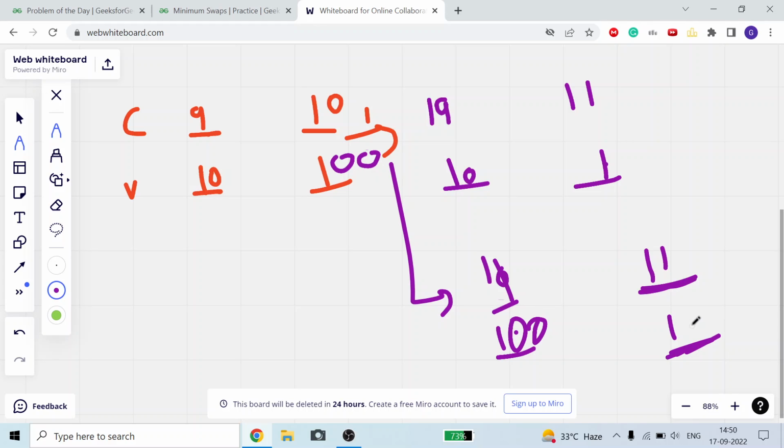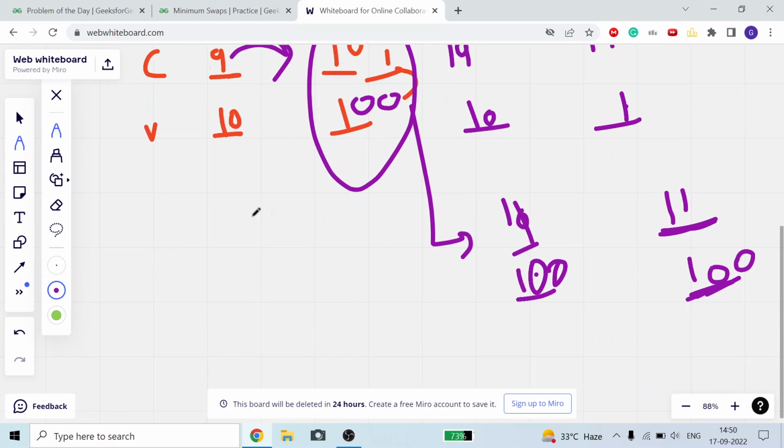But if its speed is 100, then 9 will never be able to follow 10. So there is one condition: 9 can only chase 10 if 10's speed is less than 9's. Why? Because suppose 9 is here and 10 is here.